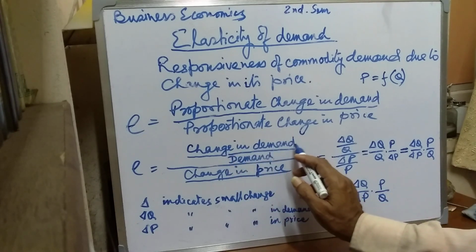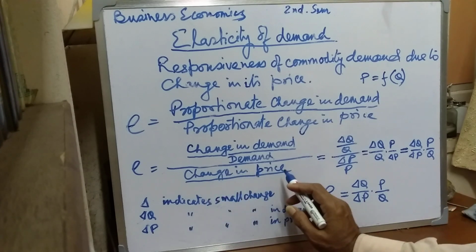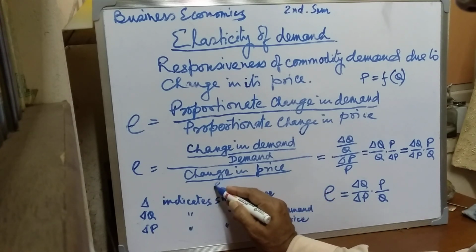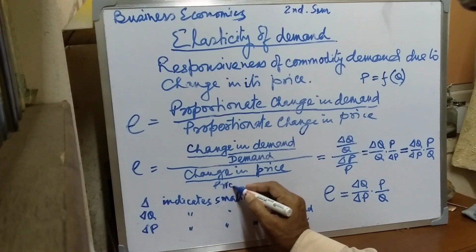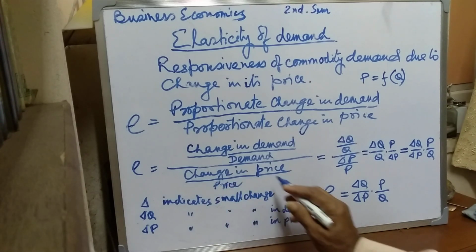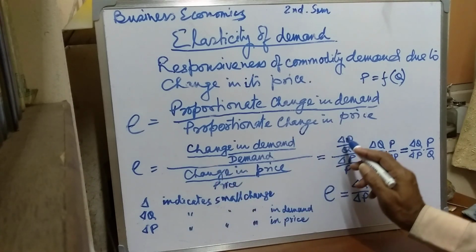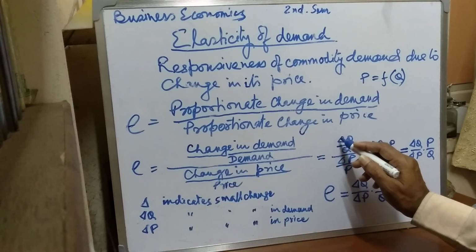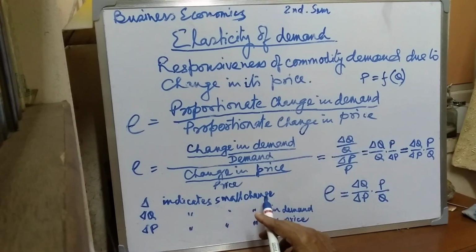Now percentage change in demand, that is change in demand by demand, and percentage change in price, that is change in price by price. This is elasticity of demand. This is the formula. Here this delta indicates small change.